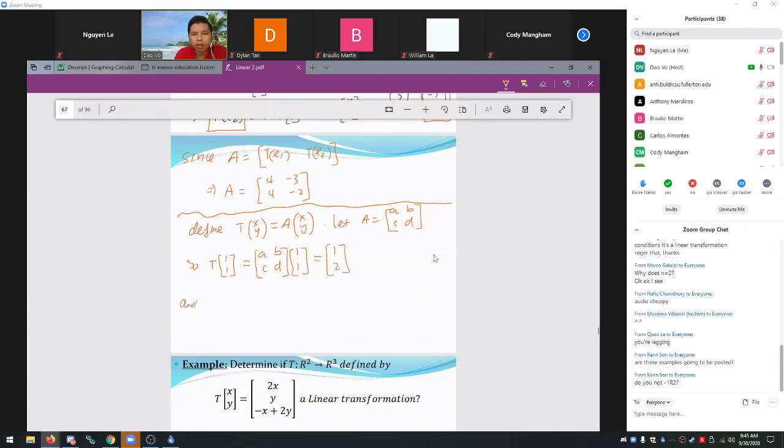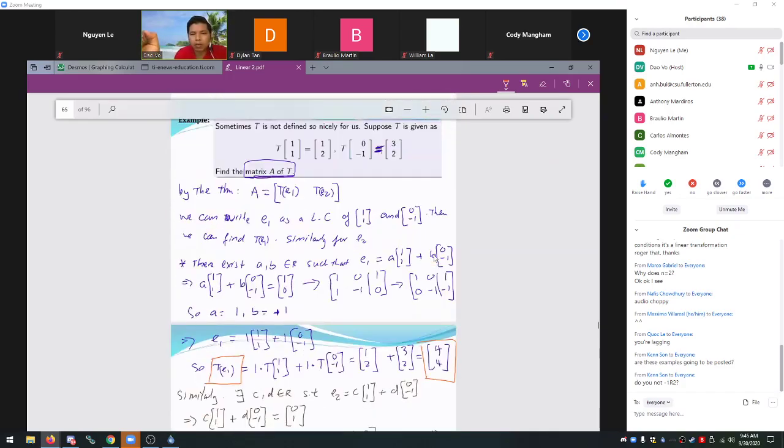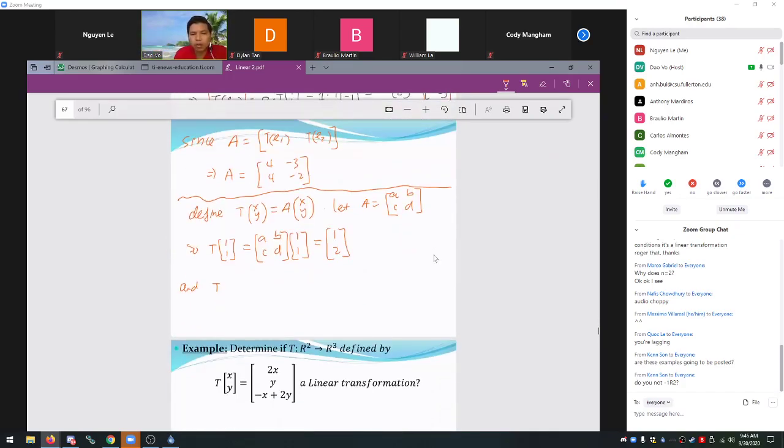And T of (0, -1) equals [a, b; c, d] times (0, -1), which equals (3, 2). That's something we can think of. And then when you multiply out, you get a plus b equal to 1, and c plus d equal to 2.